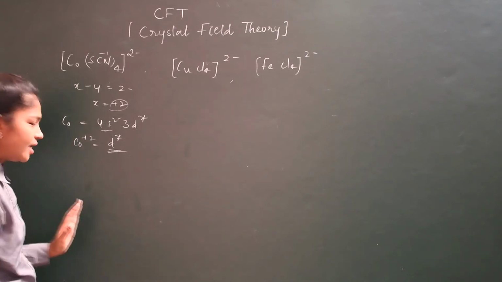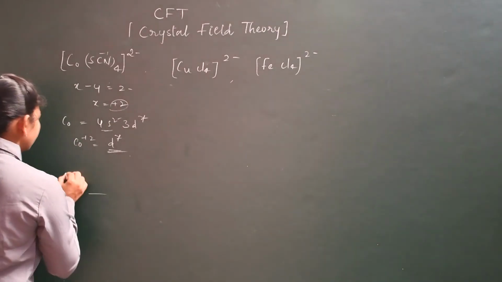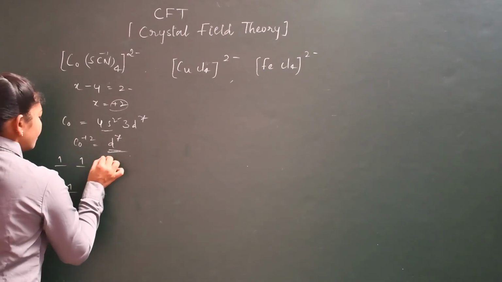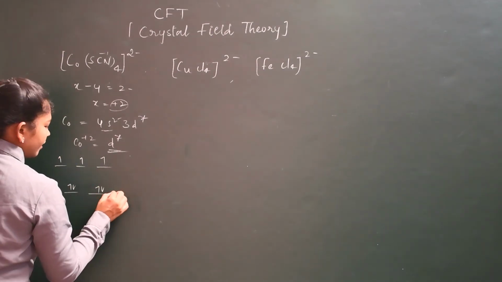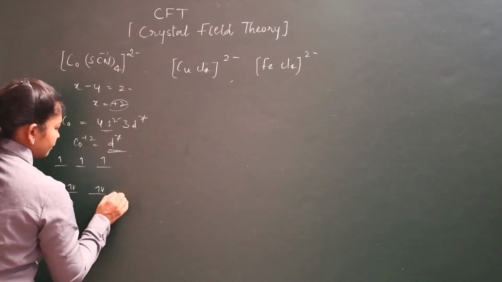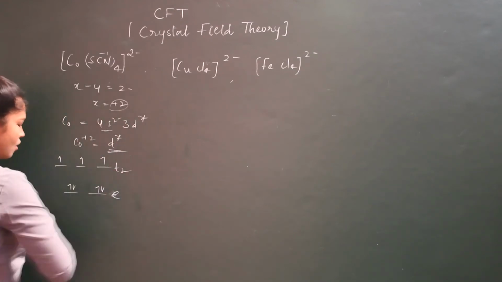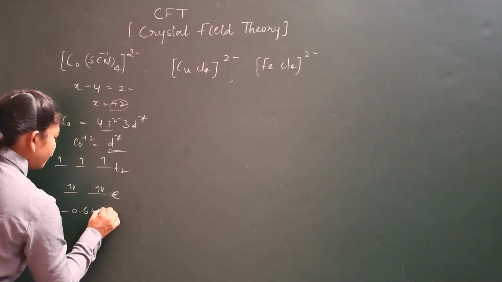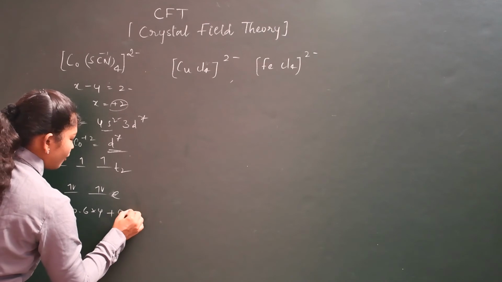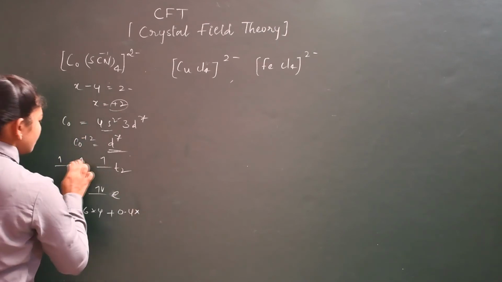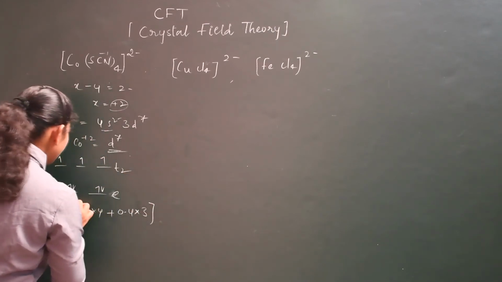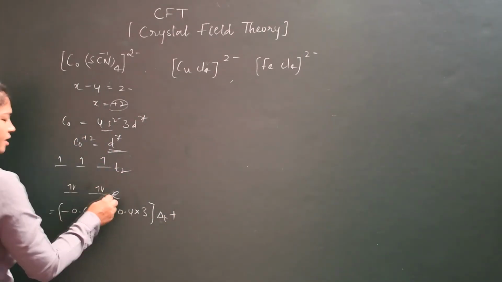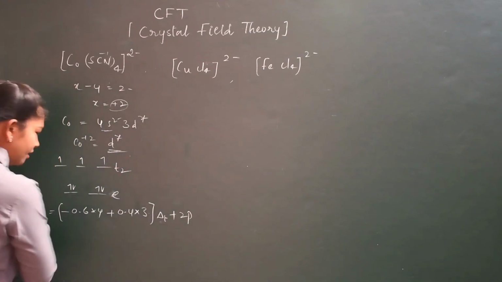Just now we have calculated, right? So 1, 2, 1, 2, 3. So 1, 2, 3, 4, 5, 6, 7. So it is e, it is t2. Okay, so what happens now? Minus 0.6 into 4 plus 0.4 into 3 into delta T plus how many pairs of electrons are there? 2, so 2P.